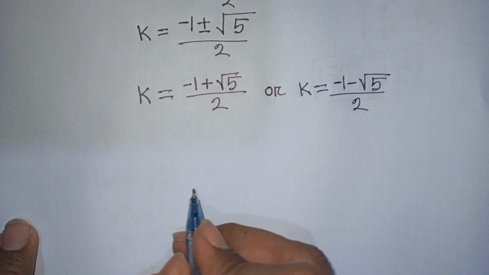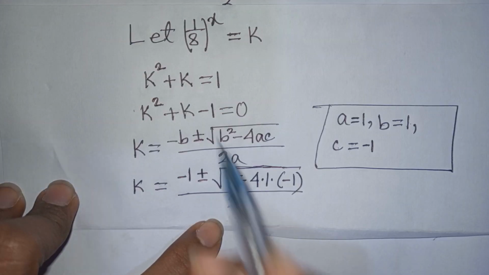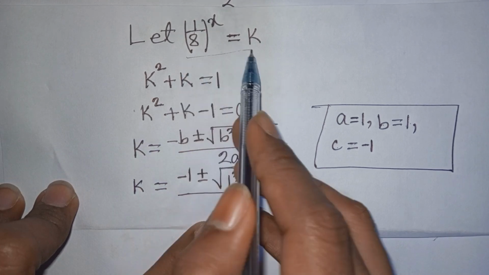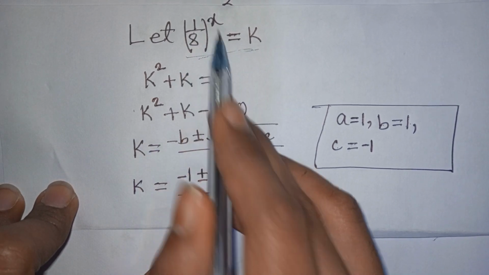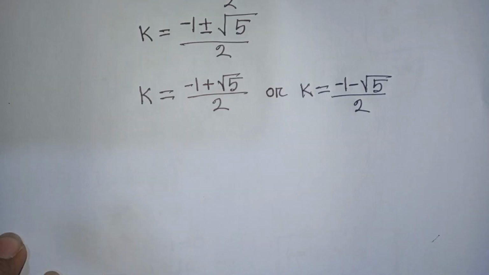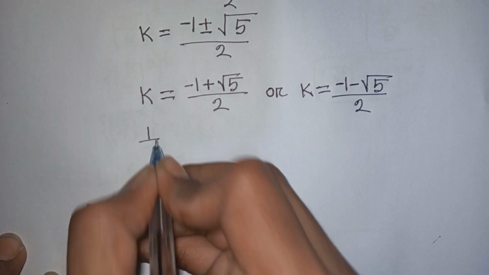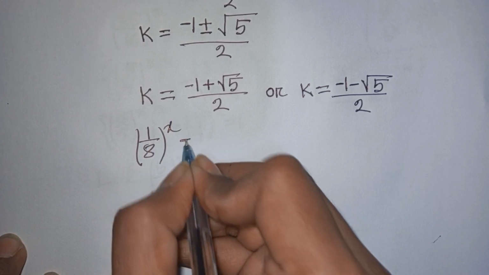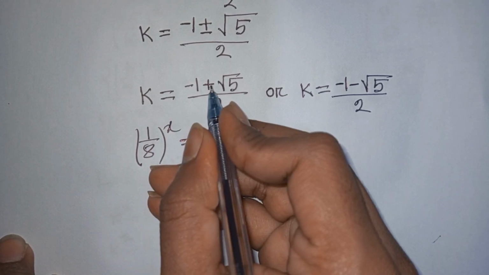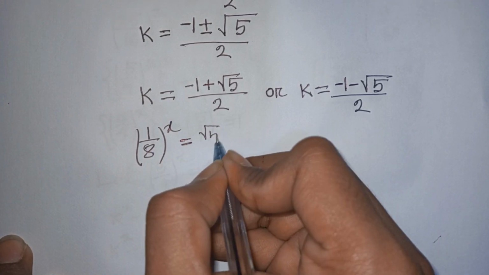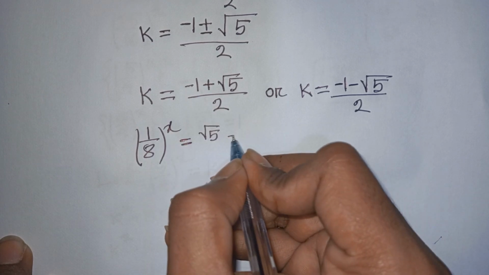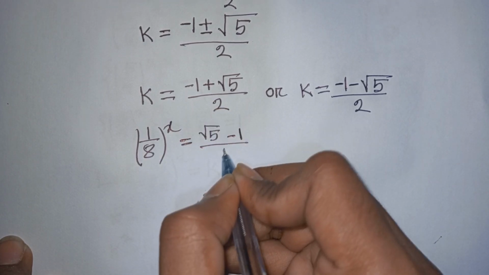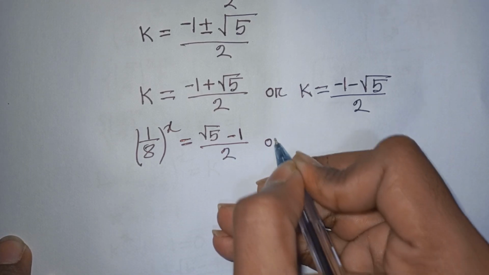Now remember that 1 over 8 bracket power x is substituted by k. So k, that means 1 by 8 bracket power x, is equal to a square root of 5 minus 1 divided by 2.